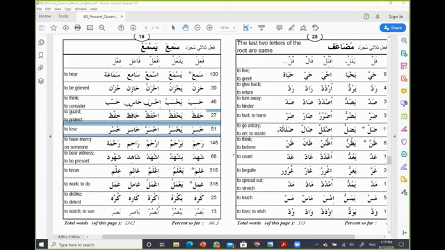Yahzanu, you're adding the ya, and you're putting a sukoon, and you're making the third letter, which is the ayn of the verb, with a fatha. Yahzanu. Future tense, present tense, that they are sad.